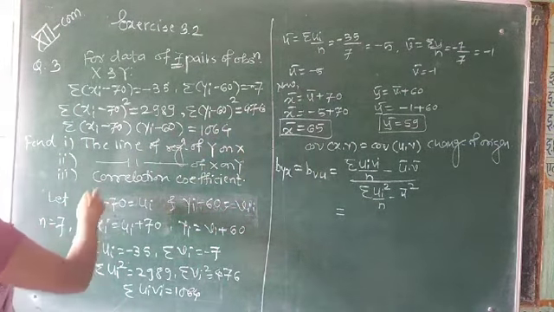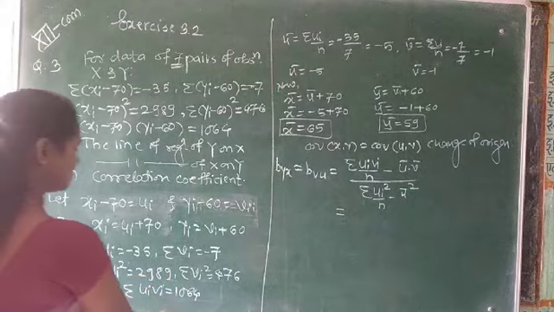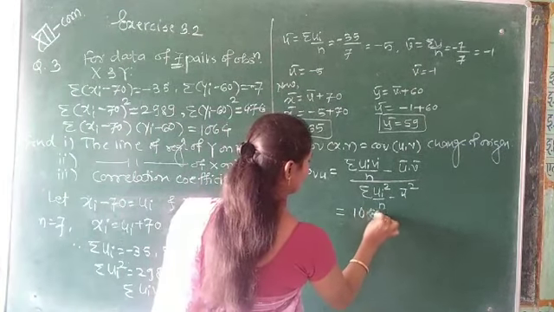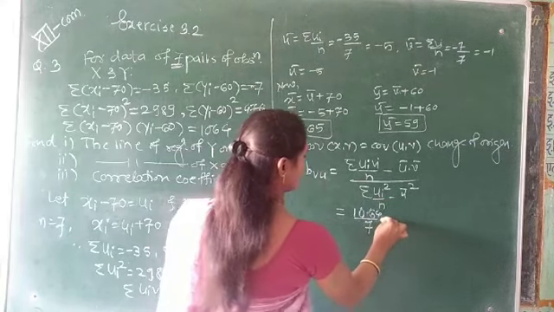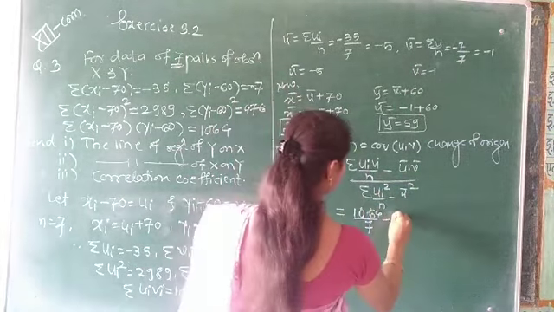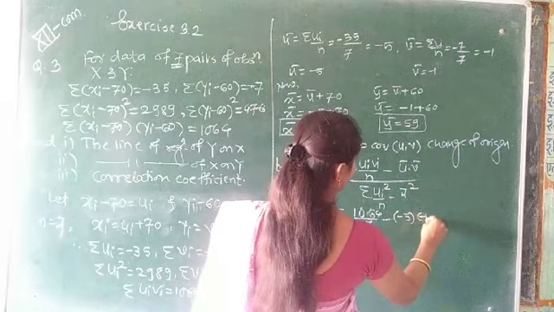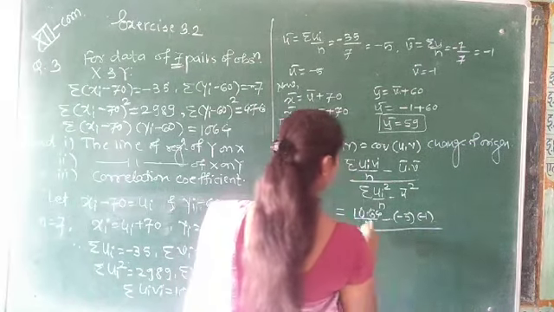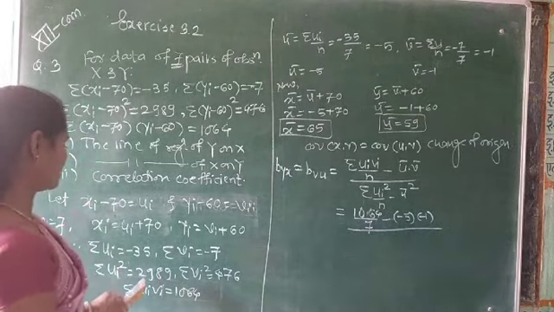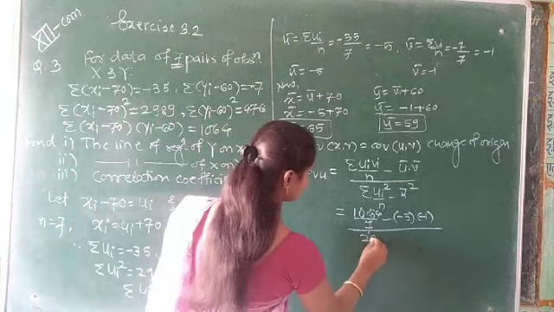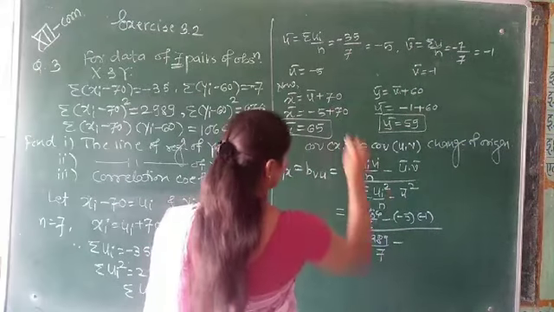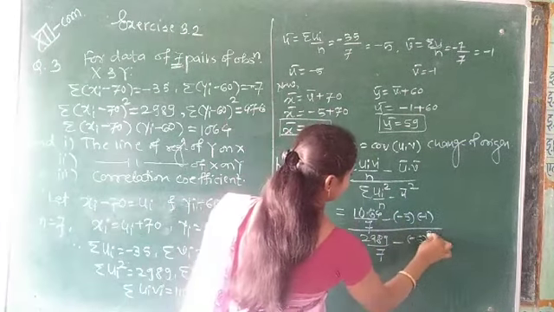That is 1064 upon n, which is 7, minus u bar into v bar, that is minus 5 into minus 1, divided by summation ui square, 2989 upon 7 minus u bar, that is minus 5 square.